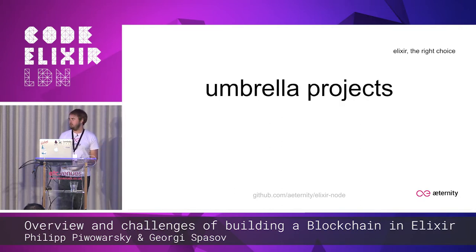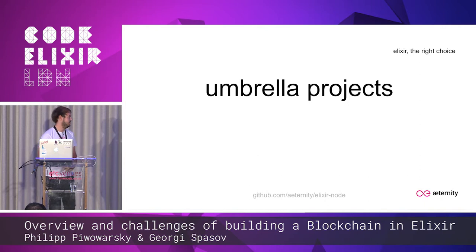Another great feature in Elixir that we use is umbrella projects. We have split up our applications into our core development application, which is the blockchain. Then we have some client and server functionality to call other nodes in our blockchain environment, and we provide a server for other clients to call us, a REST API for user interaction.